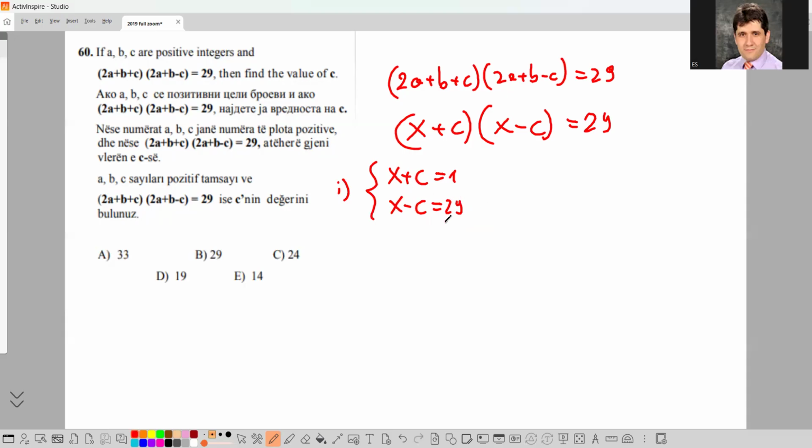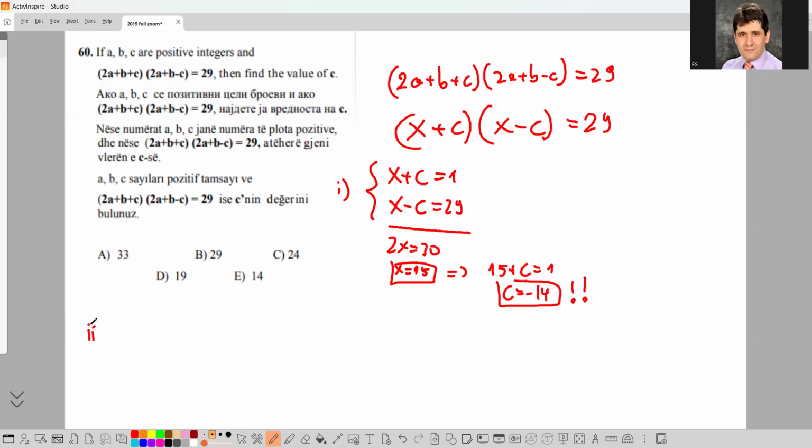Let's solve this system, add up everything. You get 2x is 30, which means x is 15. Now, if x is 15, x plus c is 1, so c is negative 14. And that is clearly not the case.